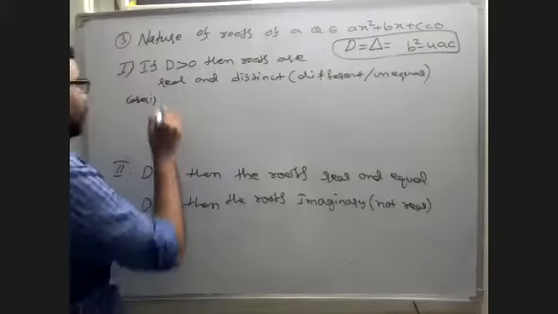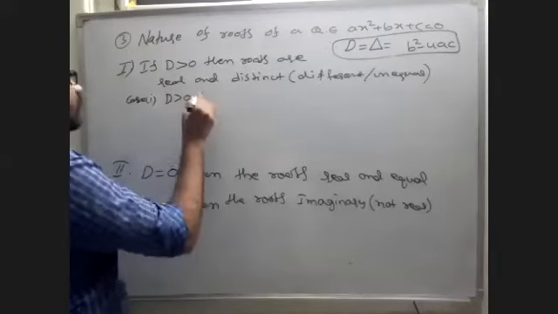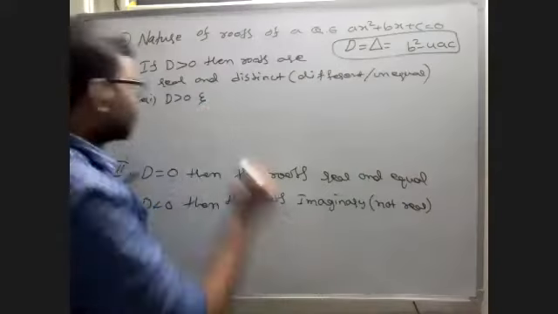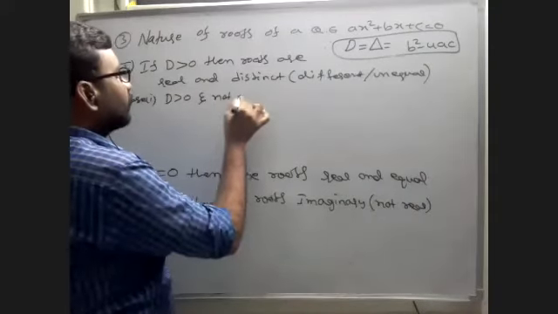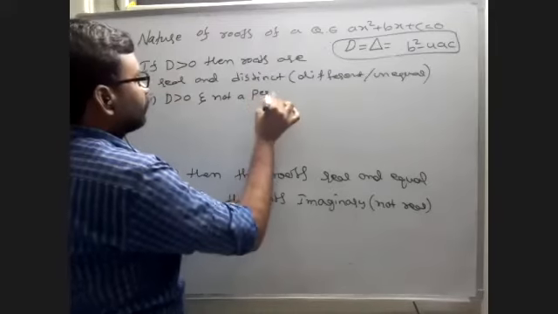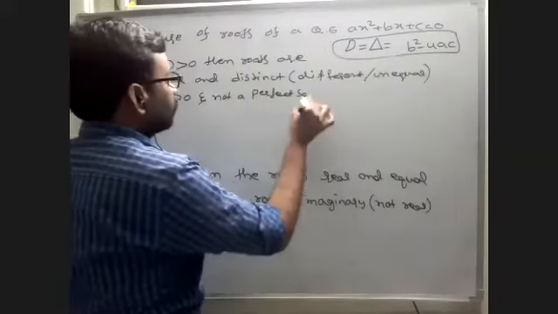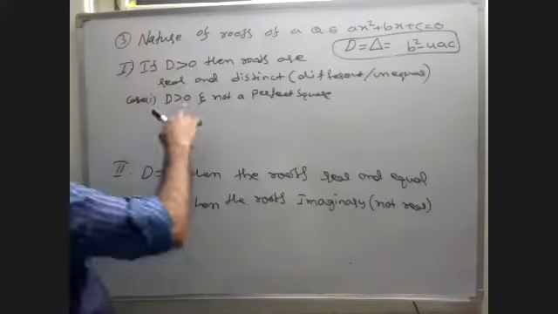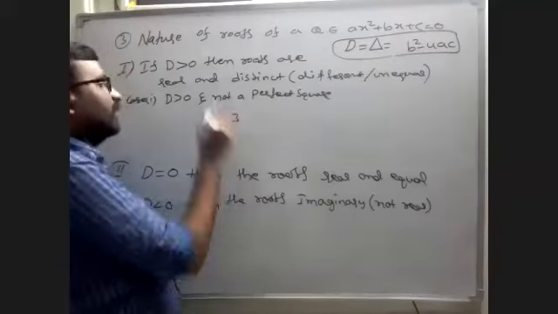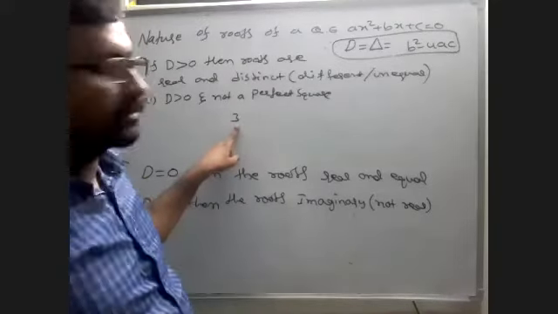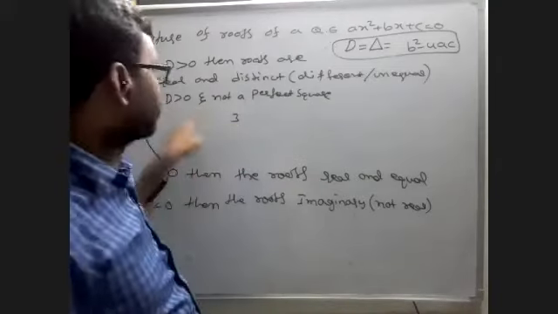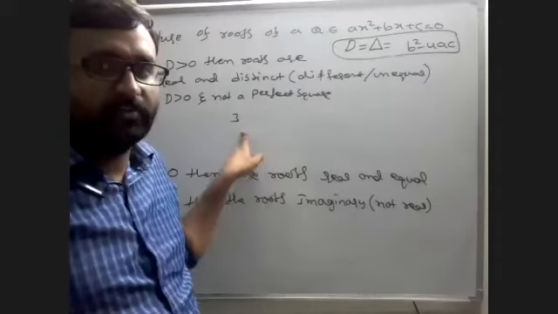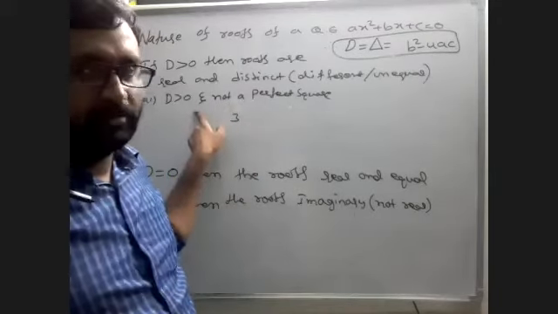That is case number 1, delta greater than 0 and not a perfect square. See, 3 is positive, meaning delta greater than 0, and which is not a perfect square. If you get 4, it is delta greater than 0, perfect square.